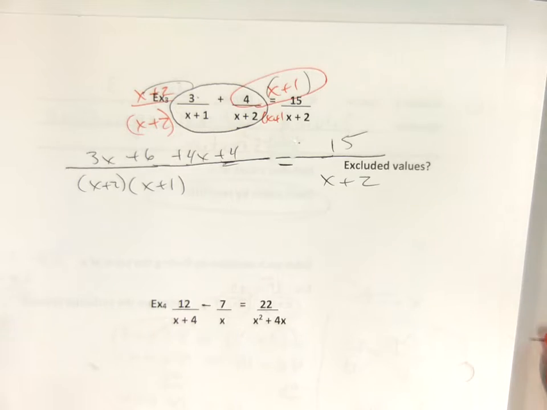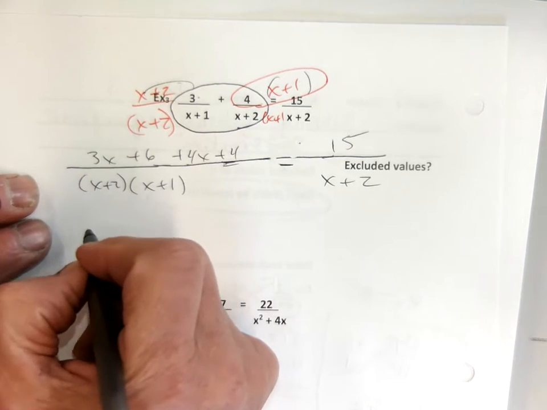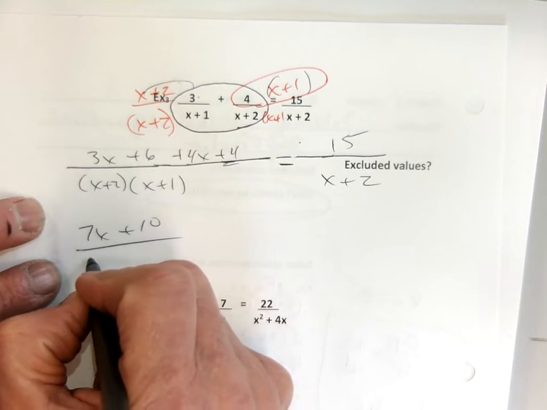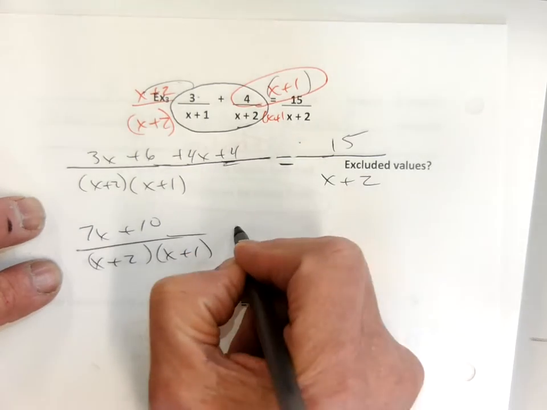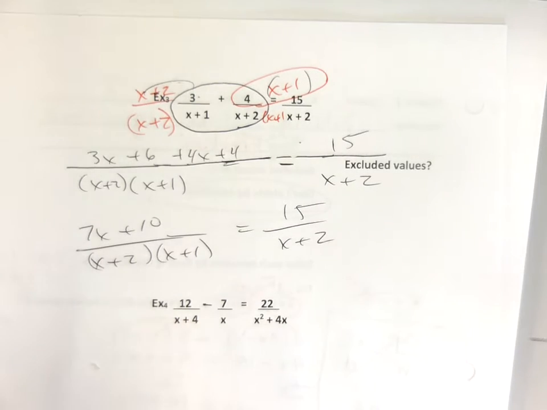All right, let's see what I had. So I have a 7x plus 10 over an x plus 2 and an x plus 1, right? Wow, this is getting hard, isn't it? Can we cross multiply?